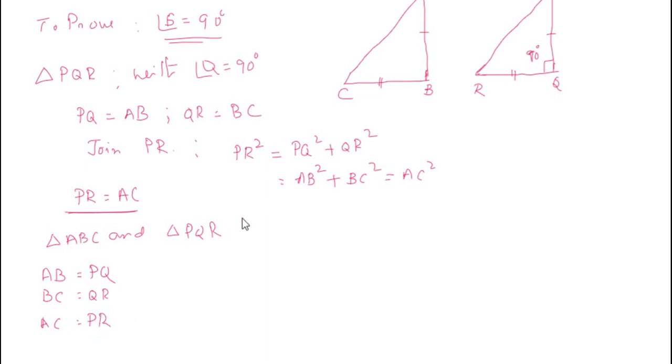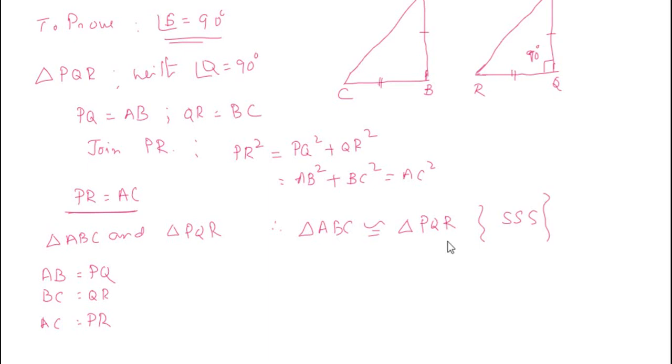Corresponding sides are equal. Therefore, we have triangle ABC congruent with triangle PQR. This is SSS congruency, side, side, side.